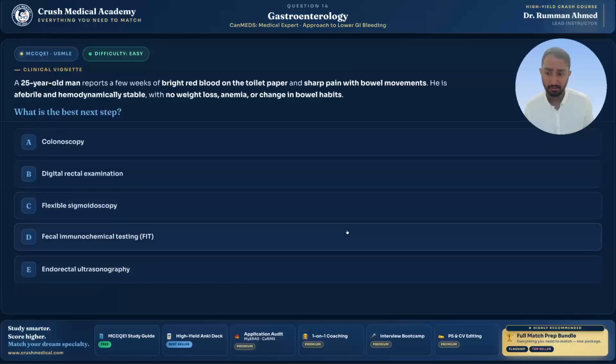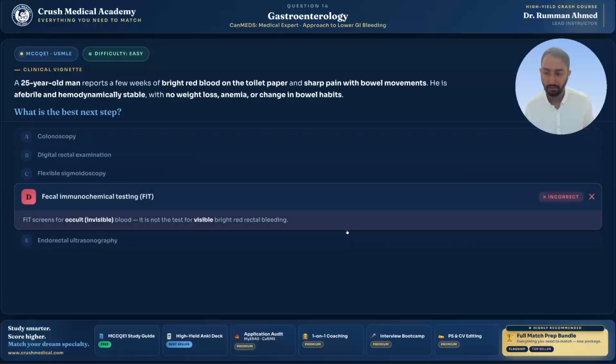The next option is the fecal immunochemical testing, also known as the FIT test, for stool, to determine if there's blood in your stool. This is another good option here. It's a distractor, right? FIT detects the occult, invisible blood that you can't visibly see. That's why we do a FIT test, right? And therefore, in this case, it's just not correct.